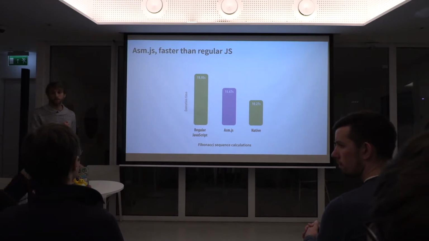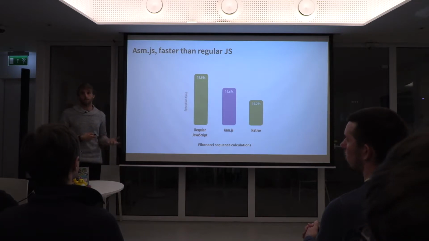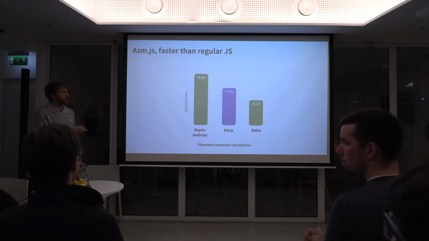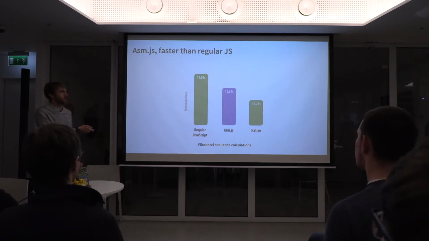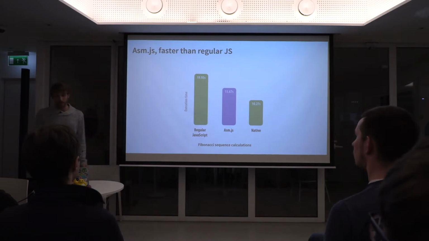Yes, that's the modern JIT compiled code, and this is ASM.js running inside the modern JIT engine. And this is just a native code comparison. So you can see there is still a way to go.